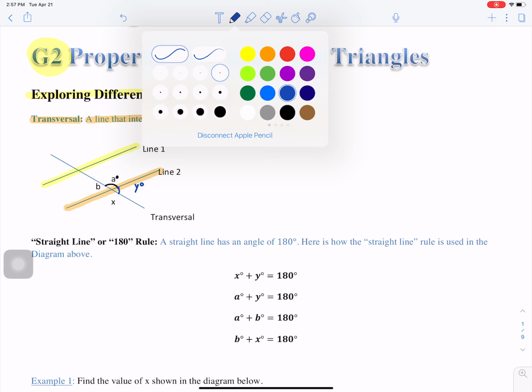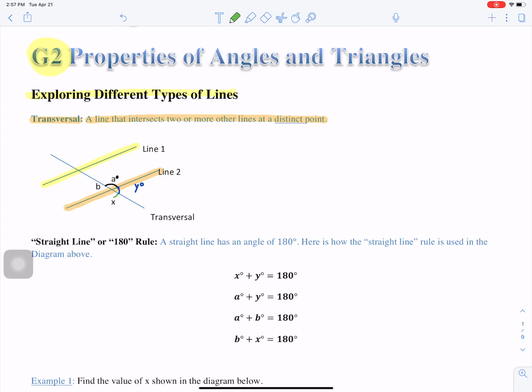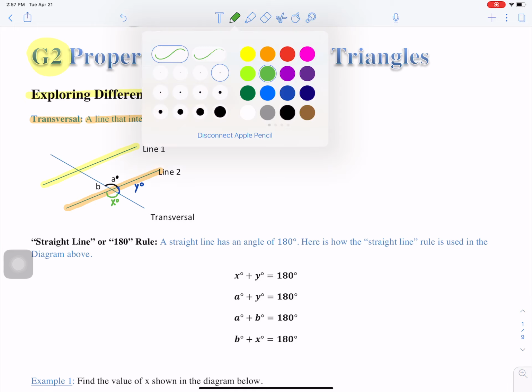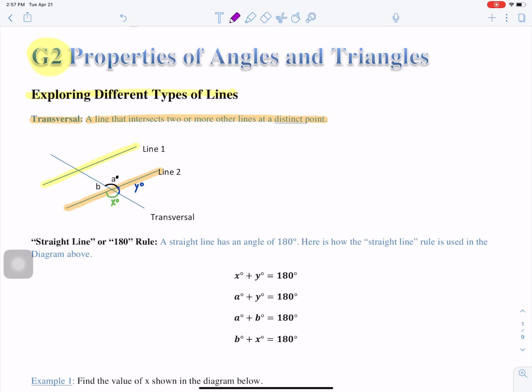From the transversal to line 2 coming back up, we're going to call that X degrees. And then from line 2 back to the transversal, we're going to call that B degrees. So let's see what we can figure out about these angles.